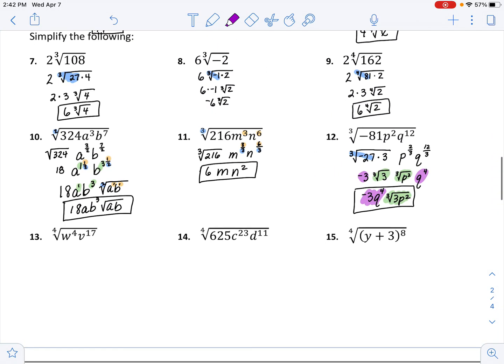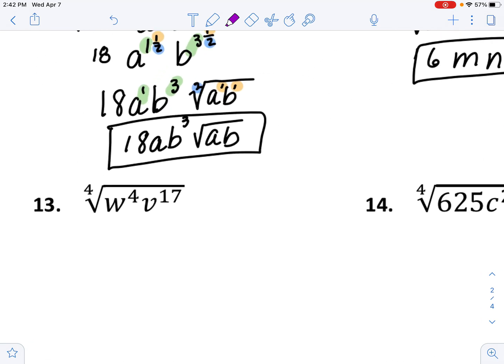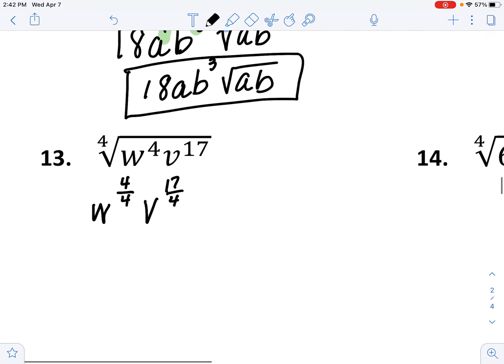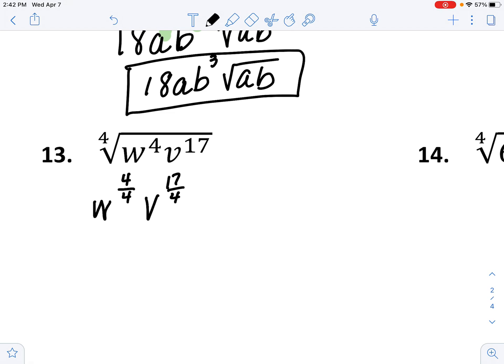All right, last row. So number 13, we've got variables, and I'm going to go ahead and change it from radical form to exponent form. So that's going to be w to the 4/4 and v to the 17/4. Now w to the 4/4, that's 1, so that's w to the 1st. And then v to the 17/4, if we write that as a mixed number, that's 4 and 1/4.